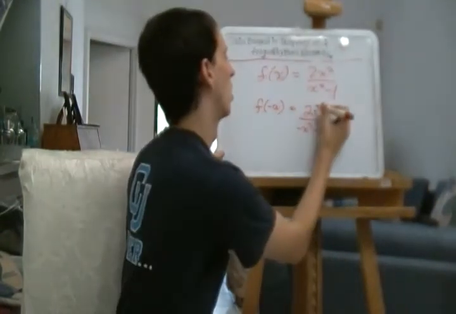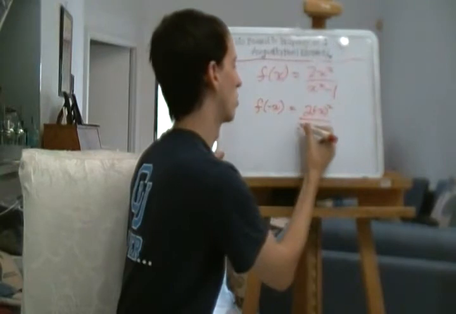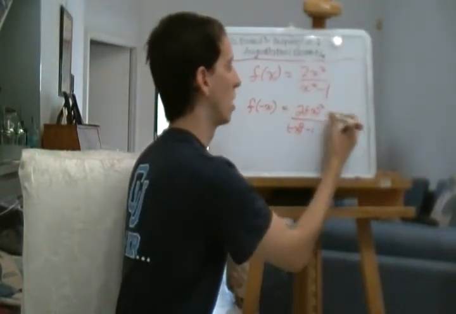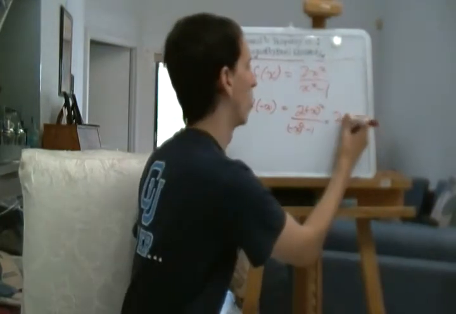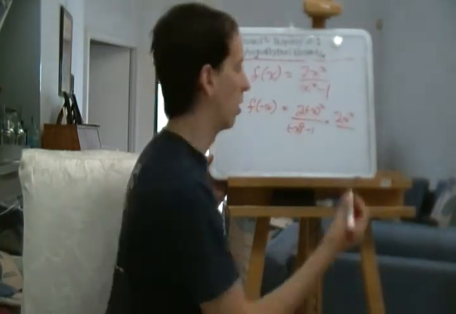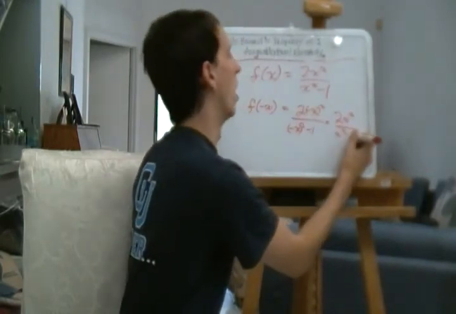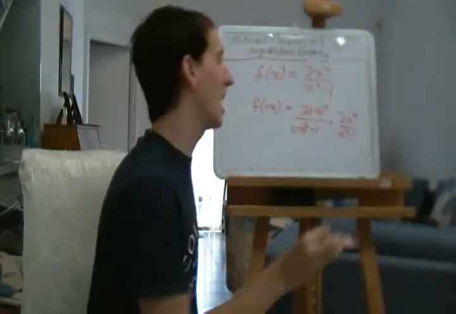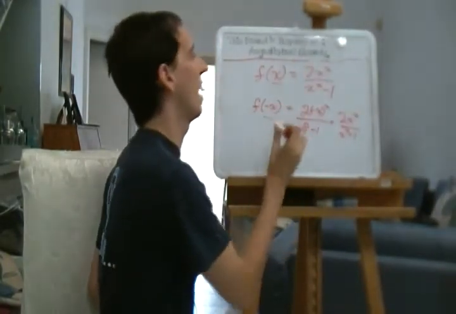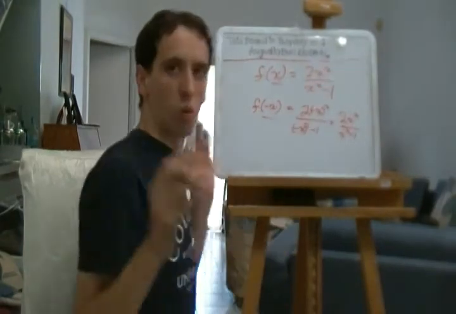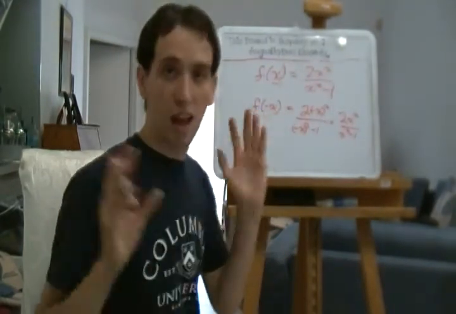What is that? 2 times -x squared is 2x squared, over -x squared is x squared, minus 1. We realize that this function, f of -x, is the same as f of x. Therefore, 2x squared over x squared minus 1 is even. So that helps us a lot.